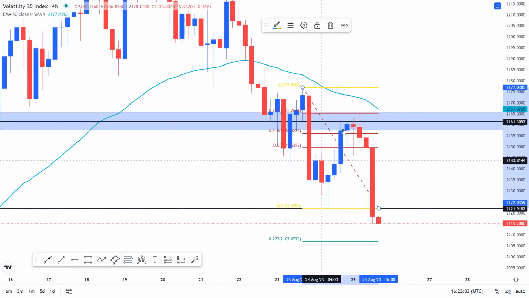In this case, because we're below the level, it is expected to act as a resistance. And I was pretty much certain, because of the lots of confluences at play at the level, this level was going to hold price from moving past.